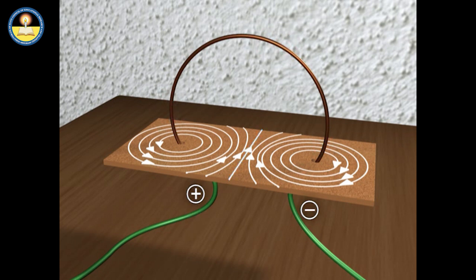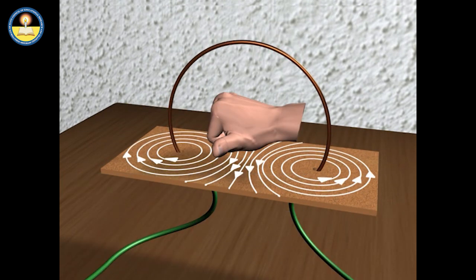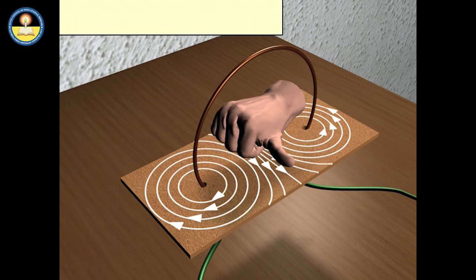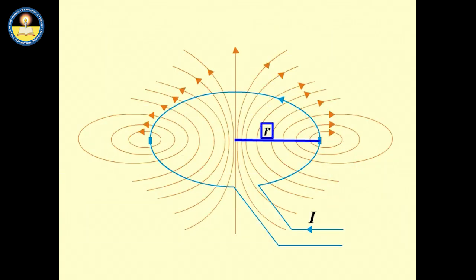The direction of magnetic field at the center of circular coil is given by right-hand grip rule. For a circular coil of radius r carrying current I, magnetic field at the center of the coil is mu0 times the ratio of the magnitude of the current and the diameter of the coil.